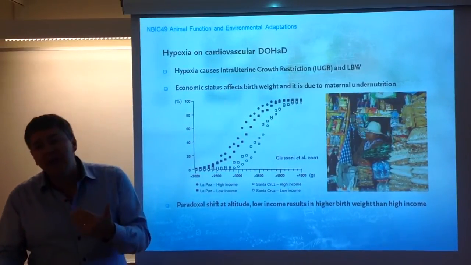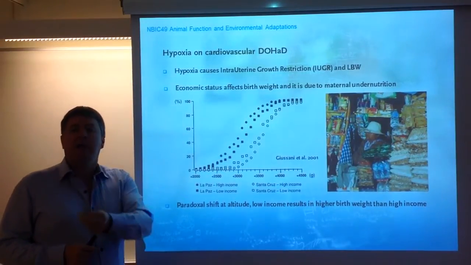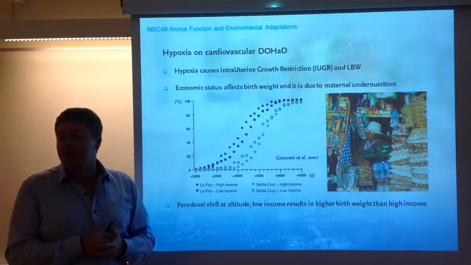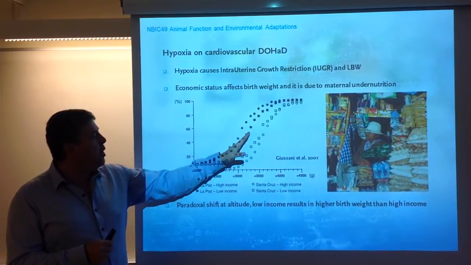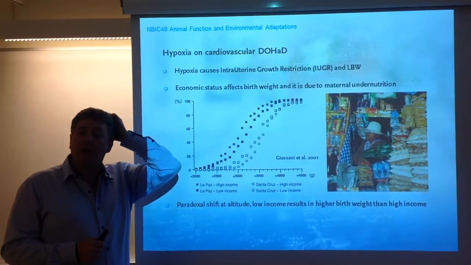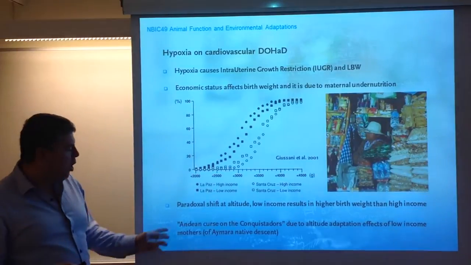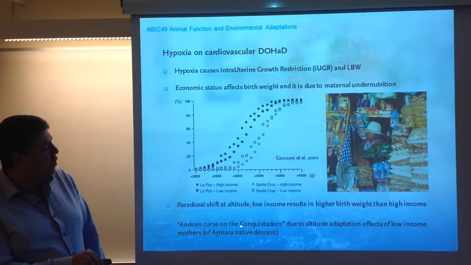Because there is a clear connection between poor mothers and Aymara Indian ascent. Most of the poor natives here are actually descendants of Aymara natives that have been living at altitude for a long time. So this is what has been called the Andean curse on the conquistadors.